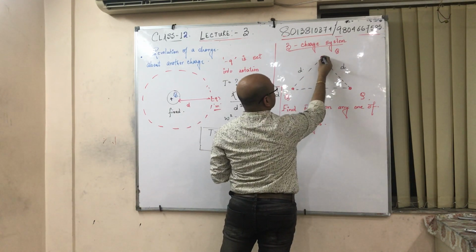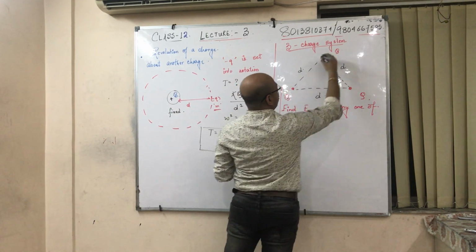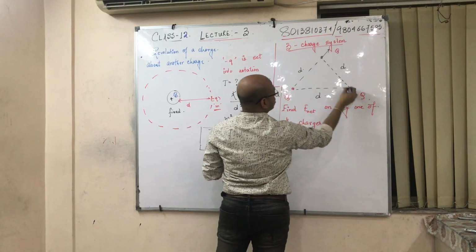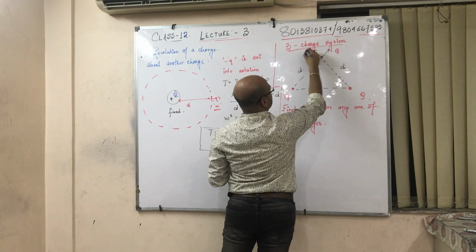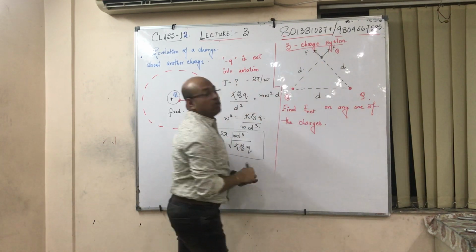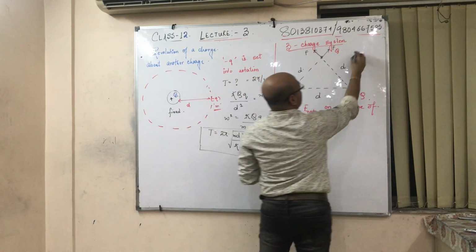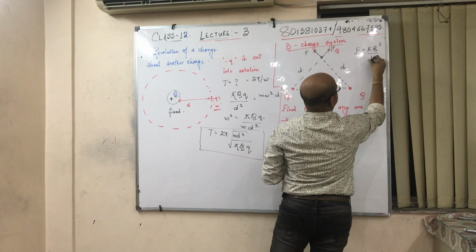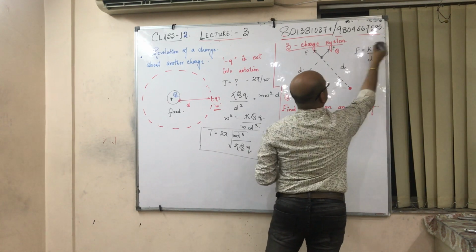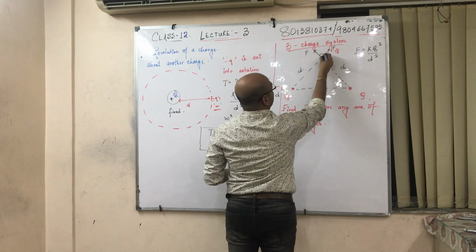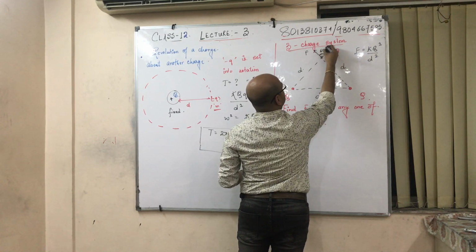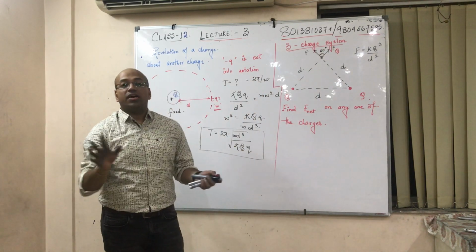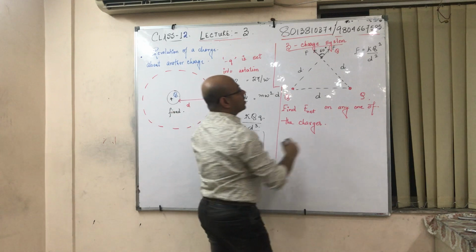Suppose I take this one. This plus Q will be repelled by the other plus Q in this direction, and that plus Q will be repelling, say F and F. See, we use a technique. So F is equal to K Q square by d square. And the angle between them is 60 degrees.